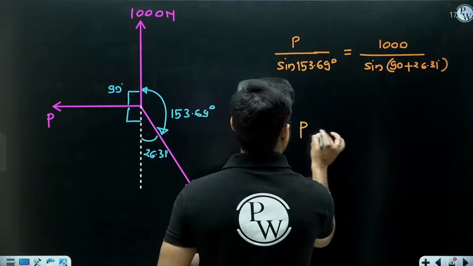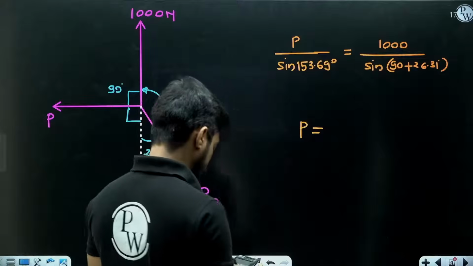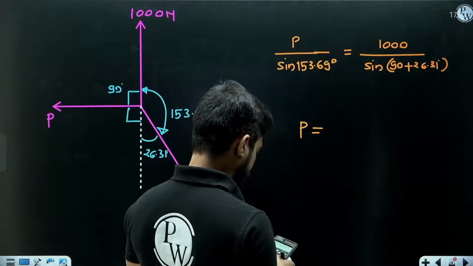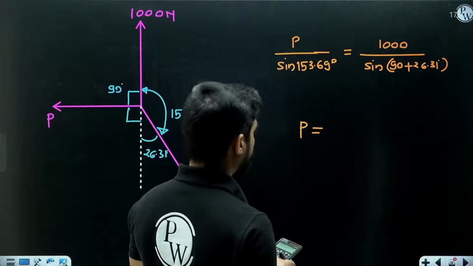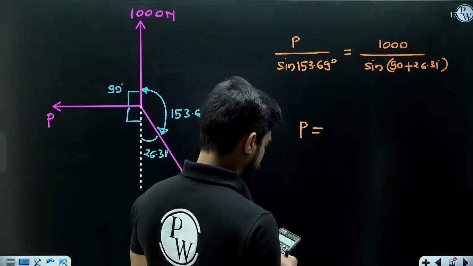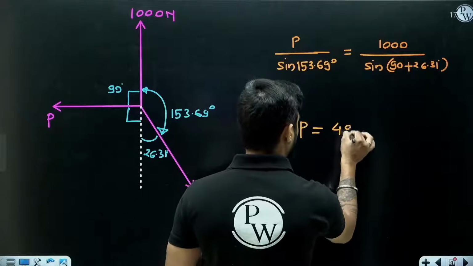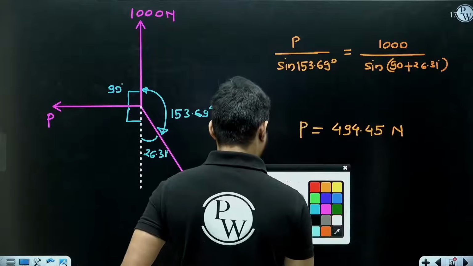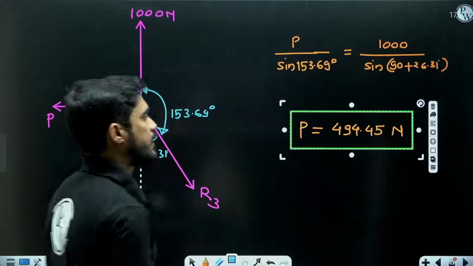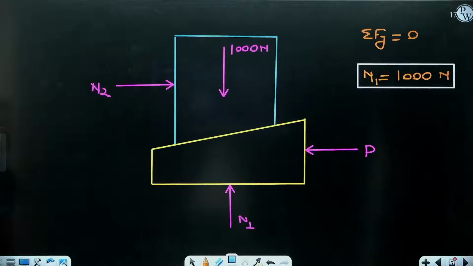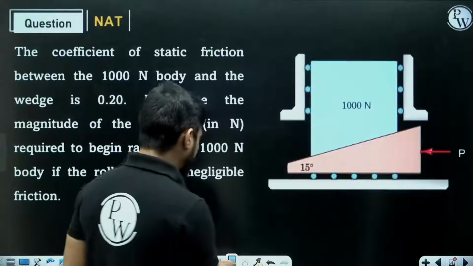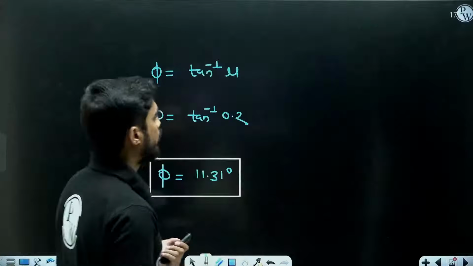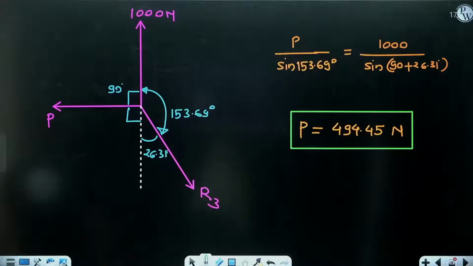So from here I am going to get the value of P. So it will be 1000 sine 153.69 divided by, 494.45 Newton. So this is the minimum effort required to move this block. So you can say that in order to move the 1000 Newton block, you are applying an effort of 494.45 Newton.